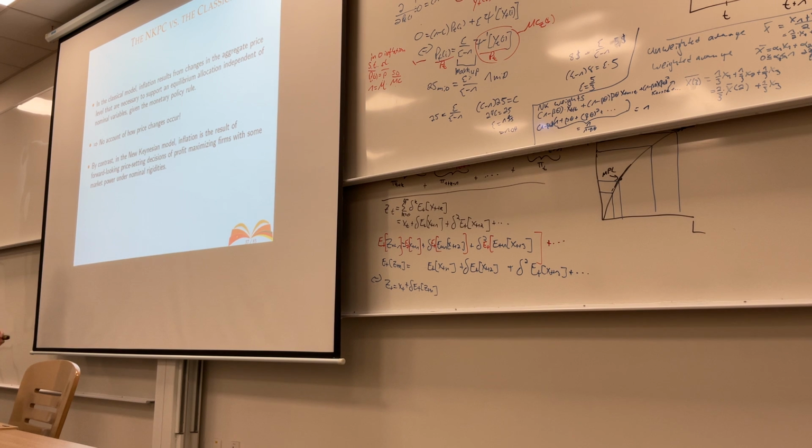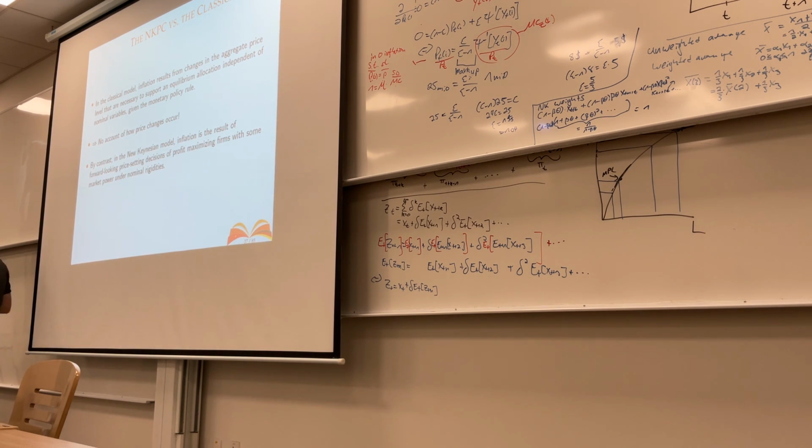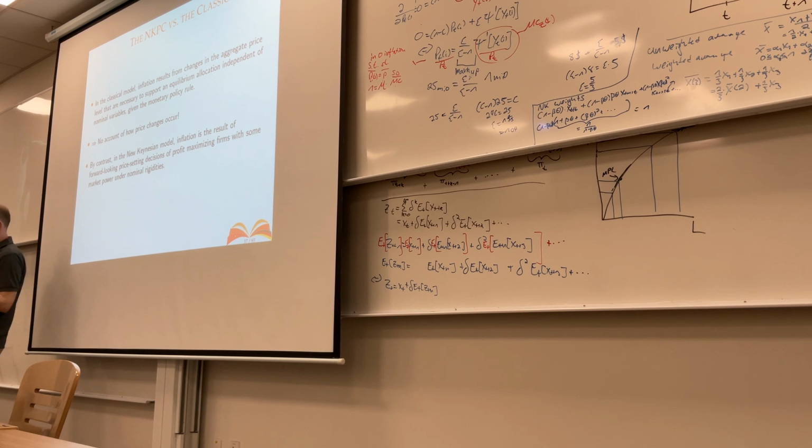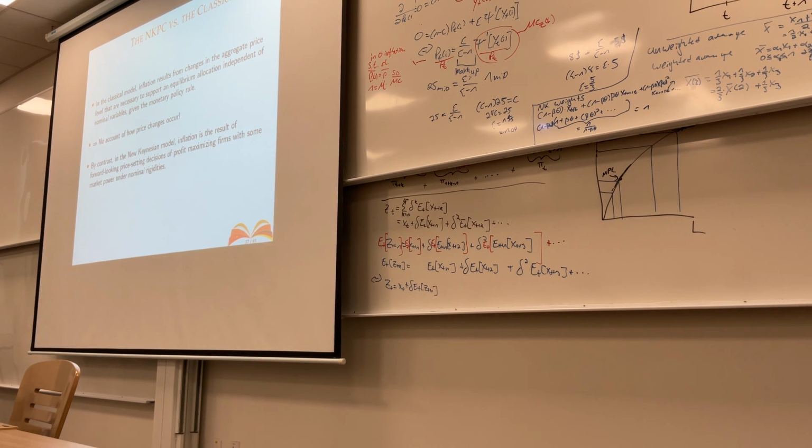In a classical model, like if we look at the monetary components of, say, a real business cycle model, inflation is going to come about from changes in the price level caused by monetary policy, taking the real allocation as given.